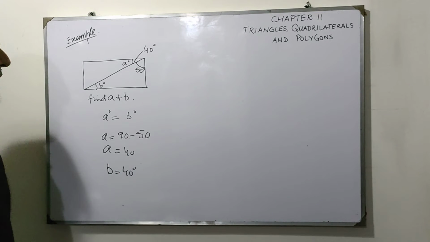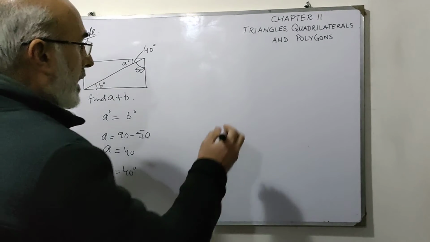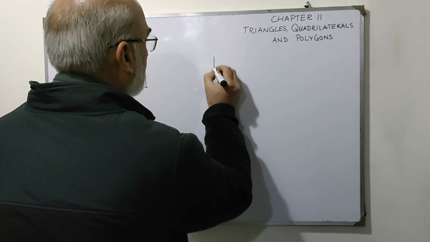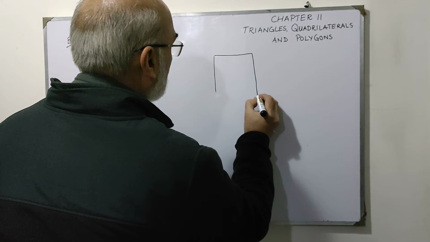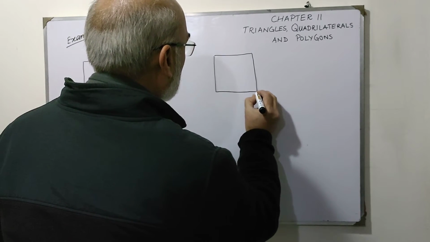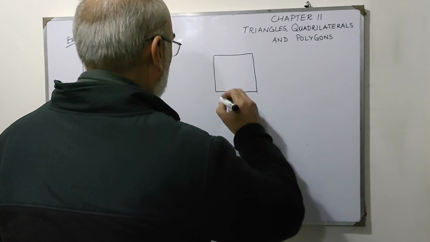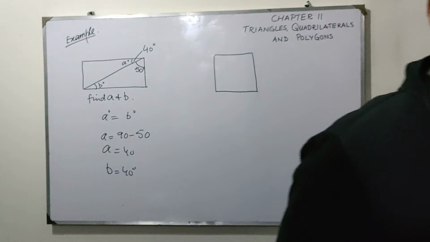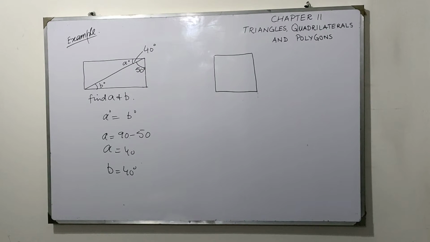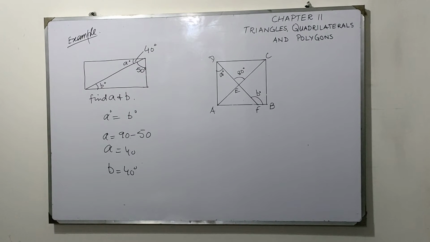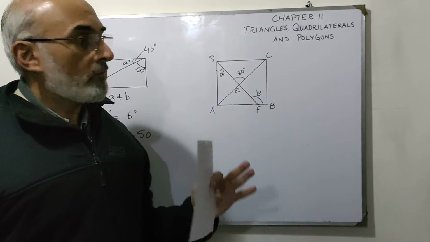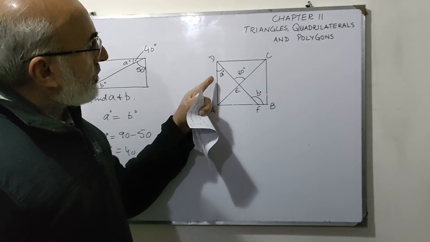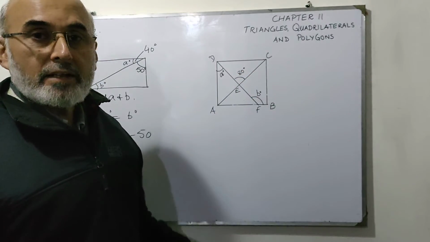Okay. So now let's take another example. I'm going to take a square. Okay, we have a square, and there are two diagonals within a square.